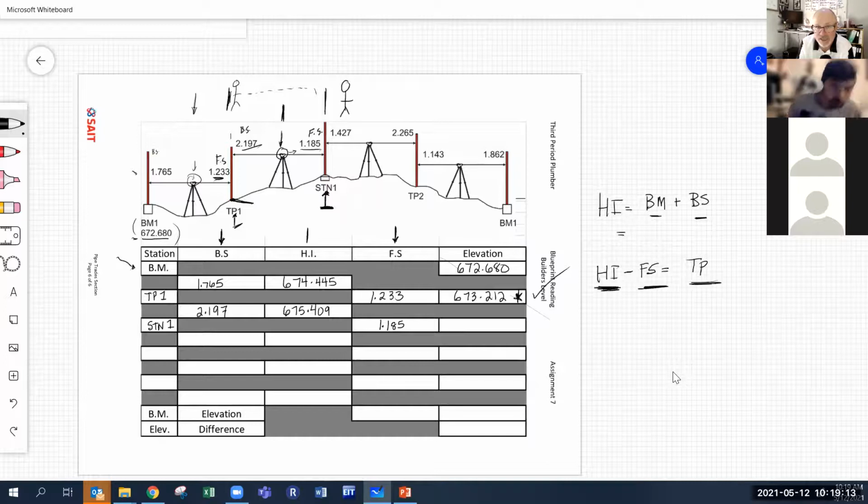And that's going to be my turning point or station. So height of the instrument, 675.409, and we minus 1.185 off of it. And this new elevation at this point right here is 674.224.